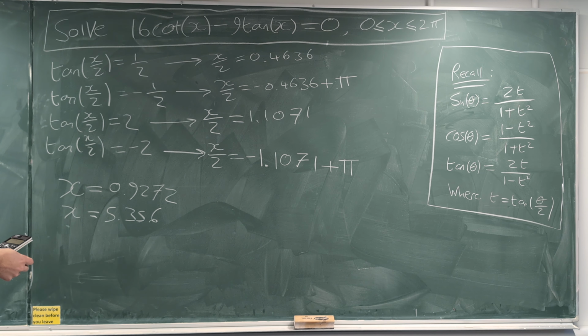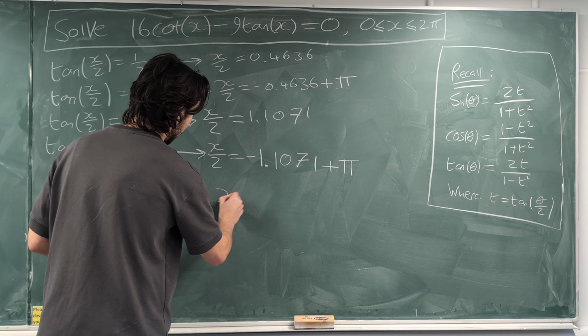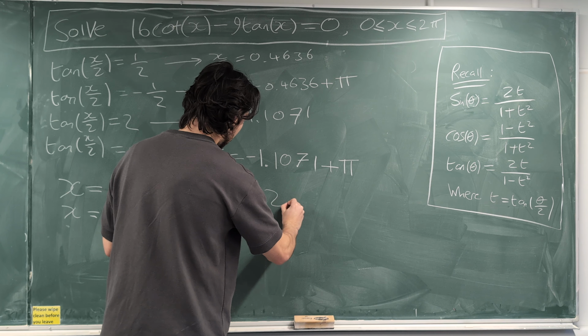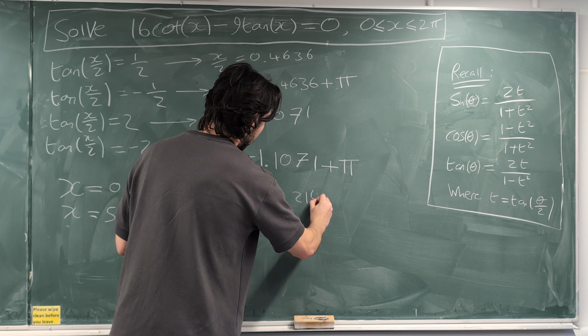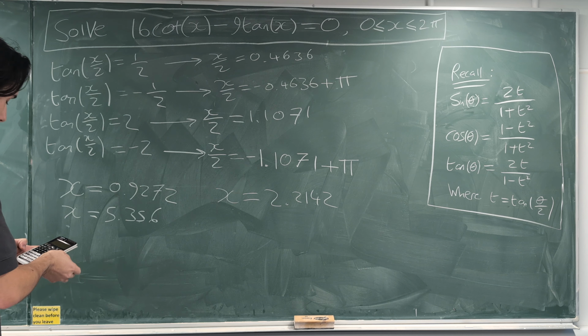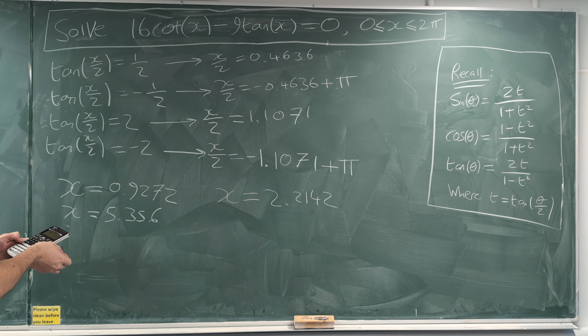Okay. The third one, 1.1071 times 2. The third answer, we get x equals 2.2142. And finally, the very last one, we have minus 1.1071 plus pi, and then we're doubling that one.